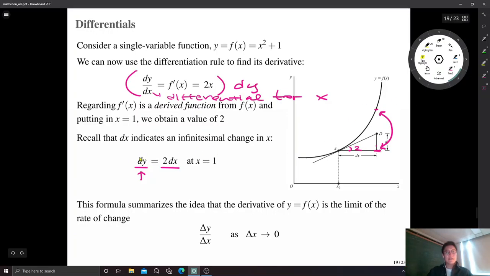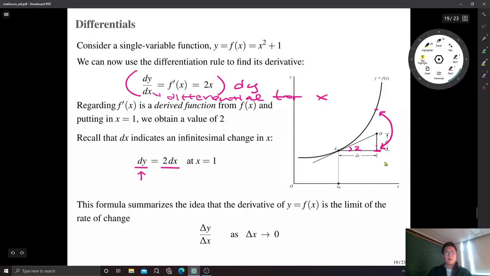Okay, so that is a differential. So the derivative gives us some linear relationship between two differentials dx and dy. Okay, and the derivative can be defined as the ratio of these two differentials. So once again, the differential gives us a linear approximation of the function when x changes, in the case of a single variable.